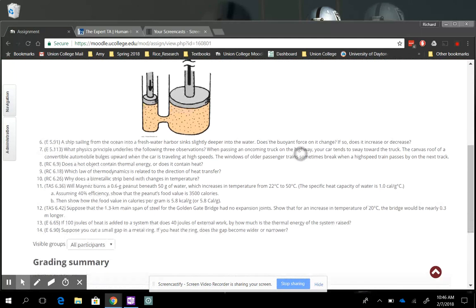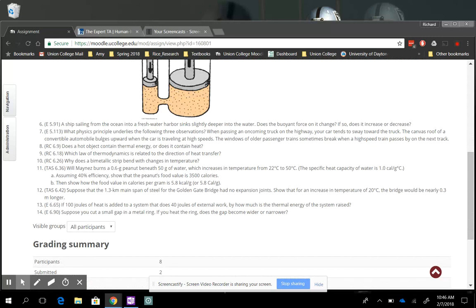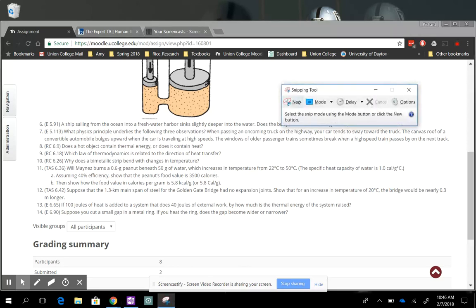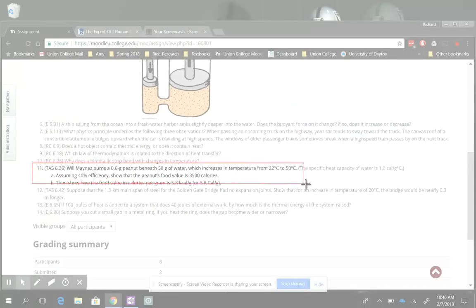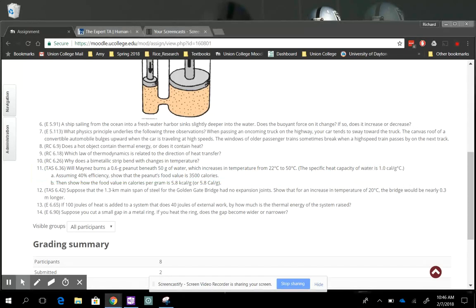Okay, number 11. Will Maynez burns a 0.6 gram peanut beneath 50 grams of water, which increases in temperature from 22 degrees to 50 degrees Celsius. The specific heat capacity of water is 1 calorie per gram degree Celsius. And then we have 2 questions. Now what I'm going to do here is copy this problem and paste it in our lecture.